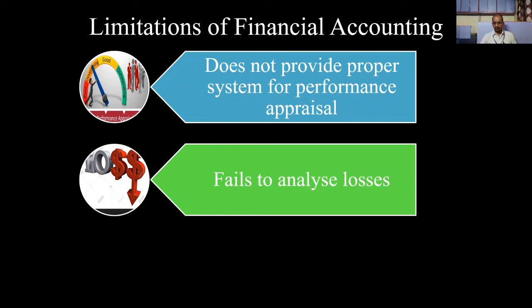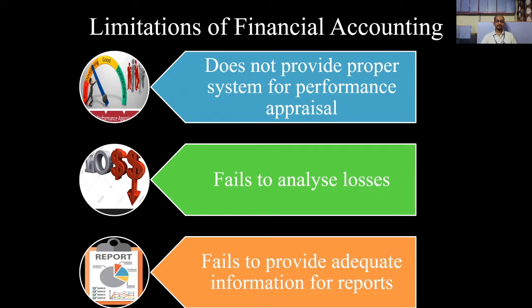So we cannot analyze because idle time, idle plant capacities, inefficient labor, substandard materials are the causes of losses. But these things are not possible to analyze in financial accounting.